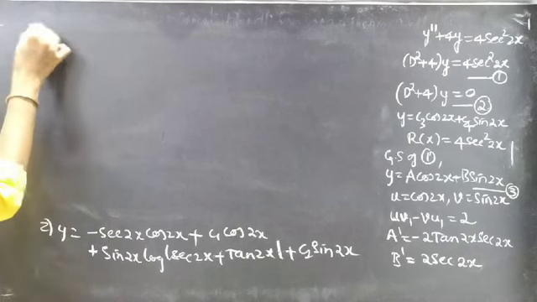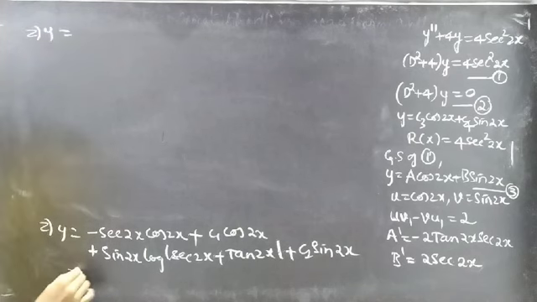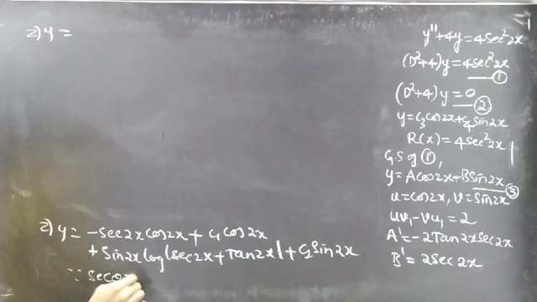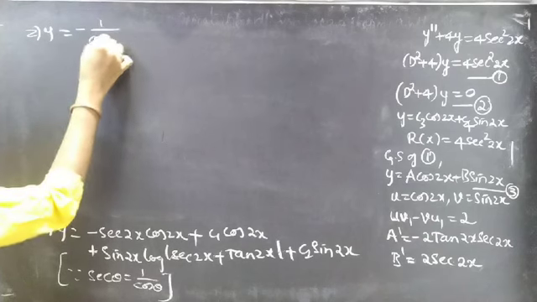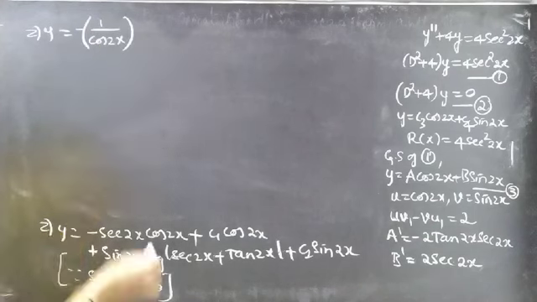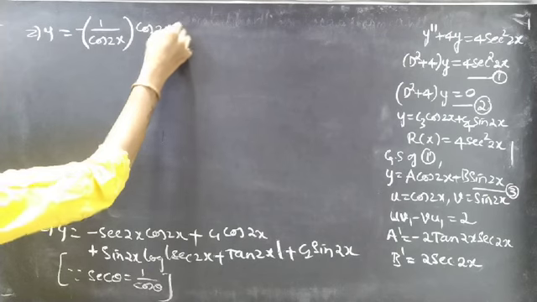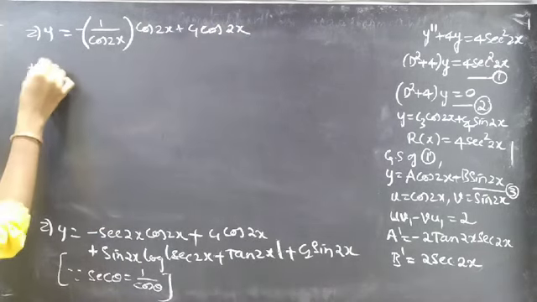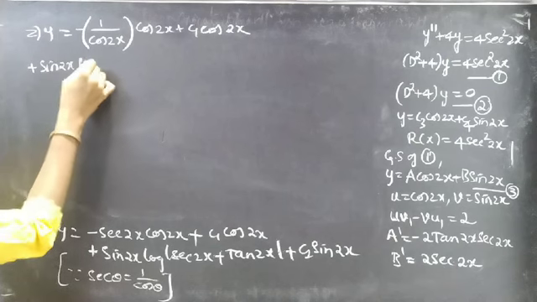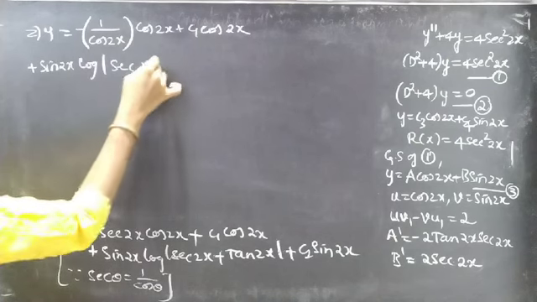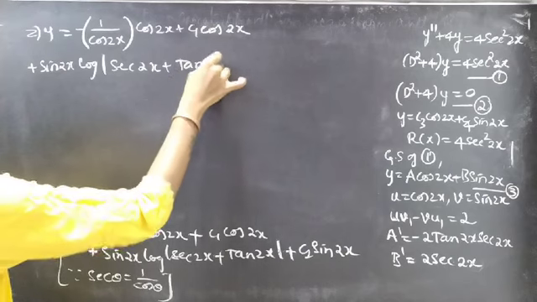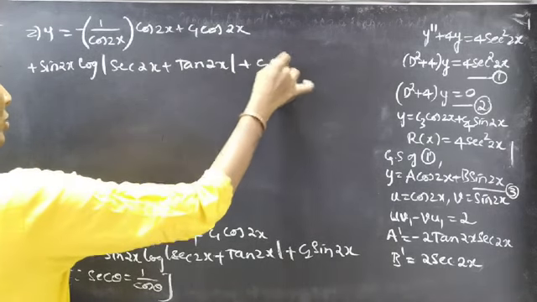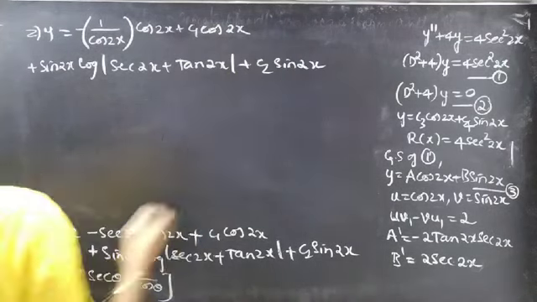Since secant theta equals the reciprocal of cos theta, we'll replace secant 2x with 1 by cos 2x into cos 2x, plus c1 cos 2x plus sin 2x into log mod secant 2x plus tan 2x plus c2 sin 2x, right?